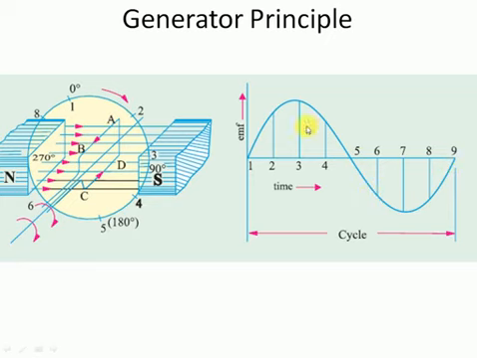So if you are looking here, for the first 180 degrees of rotation, that is from 0 to 180 degrees, the EMF induced in coil side AB is positive in nature, or the direction of current induced in coil side AB remains the same, from A to B. And in the next 180 degrees, that is from 180 to 360 degrees, definitely the direction of current has been reversed, that is from B to A. So it is indicated as negative half from position 5 coming back to position 9.